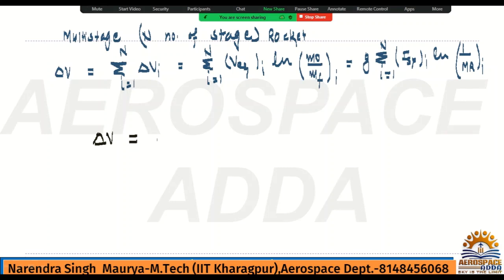Now this delta V is equal to summation, i is equal to 1 to n number of stages, delta Vi, is equal to summation i is equal to 1 to n, V effective of i, ln.